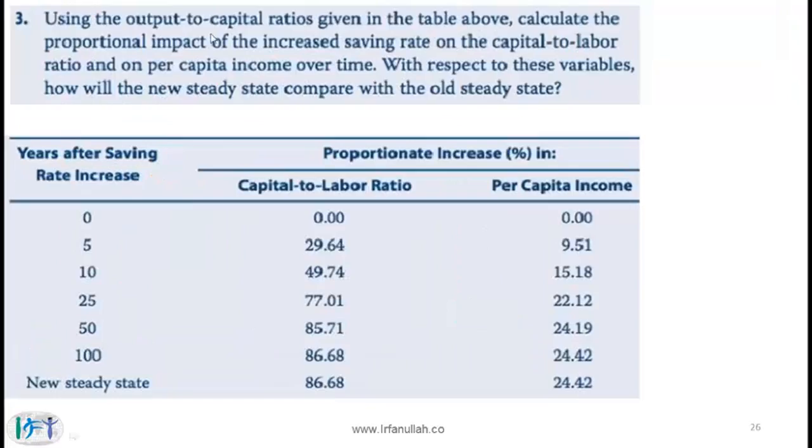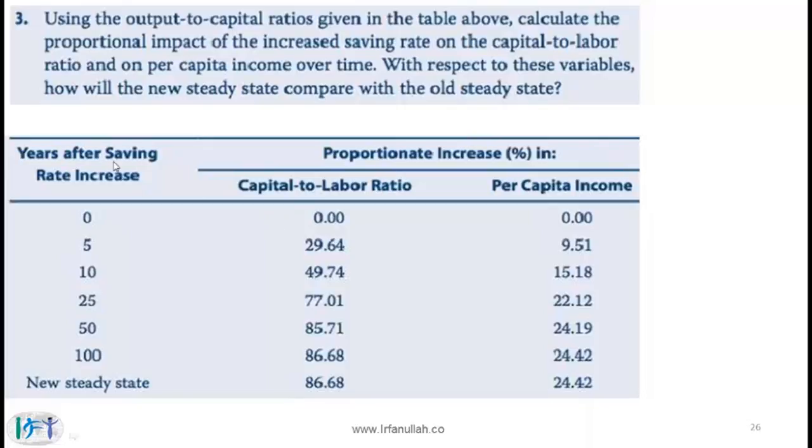Next, part 3: using the output to capital ratios given in the table, calculate the proportional impact of the increased saving rate on the capital to labor ratio and on per capita income over time. With respect to these variables, how will the new steady state compare with the old steady state? On this question, the curriculum uses some complicated expressions that I will not even reproduce over here. All I'll do is give you a basic intuitive explanation.